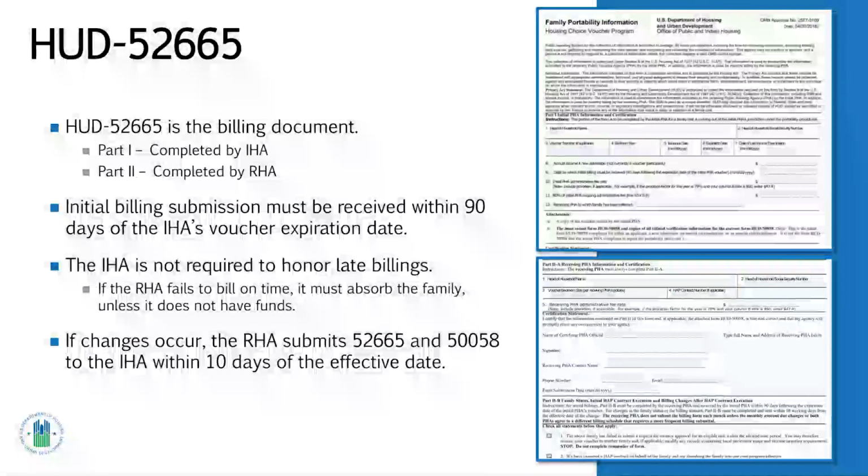The next question is, can you review how a PHA should fill out numbers 10 and 11 on a 52665 form? 10 is the initial PHA admin fee. Is that what that's saying? I'm sorry, I'm going off from memory.